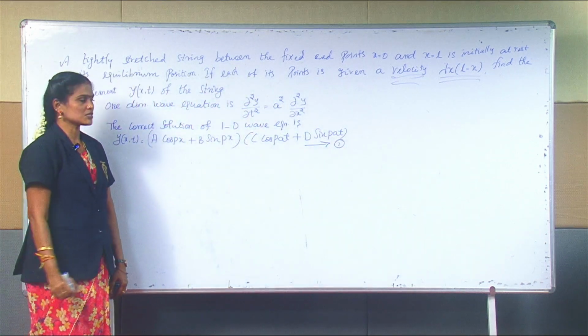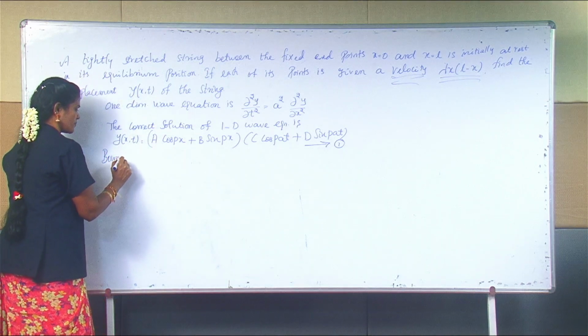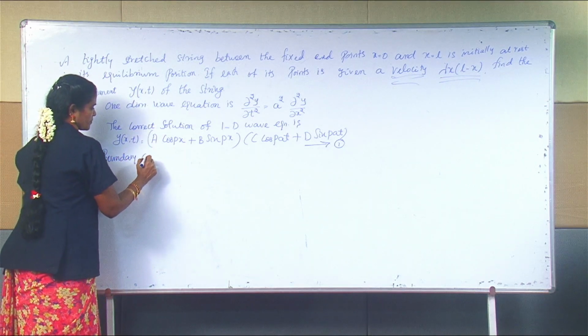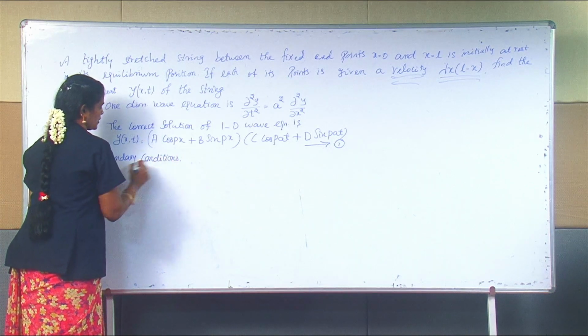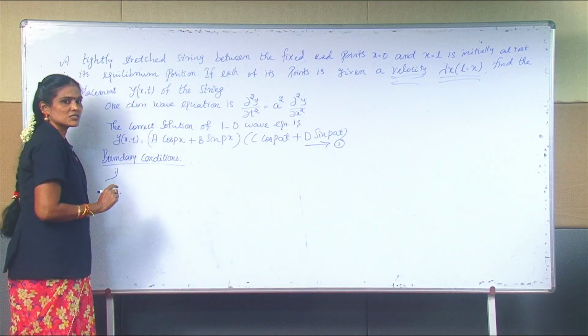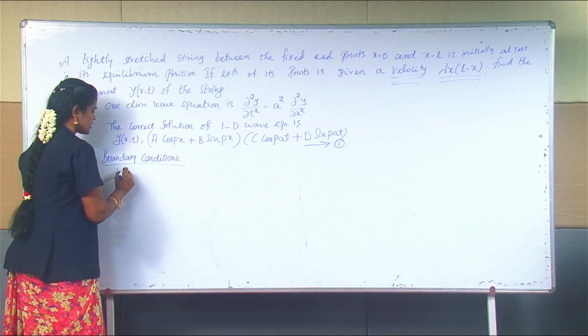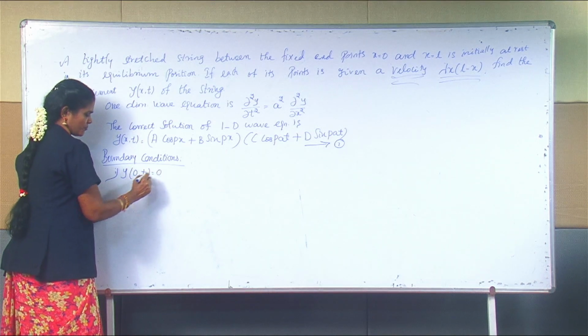Next you have to consider the boundary conditions. Here the boundary conditions are, first, you have to fix the string initially at rest, that is why you have to consider y of 0 comma t value is 0.